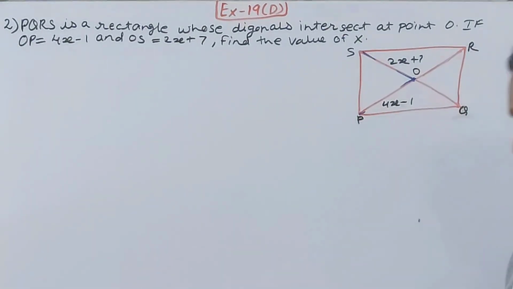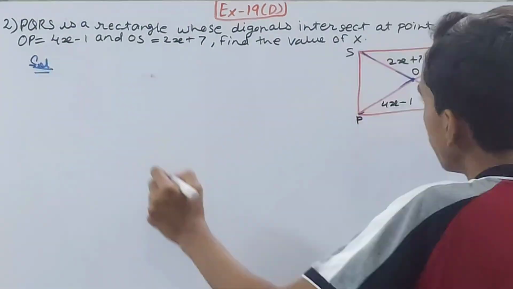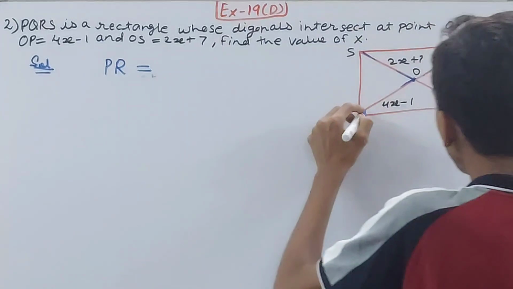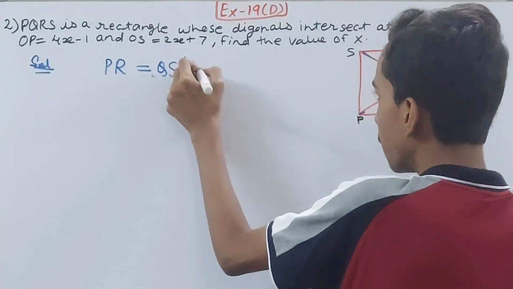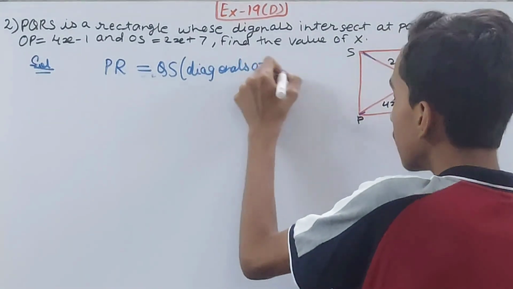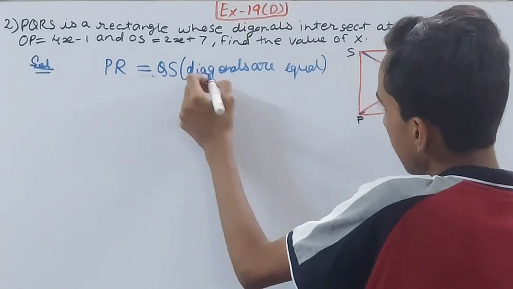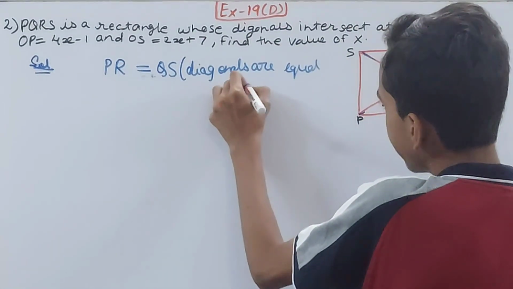So let's write it down like this. We'll begin the solution. First of all, you write: PR, one diagonal, is equal to QS. What property? Diagonals are equal. Diagonals are equal and they bisect each other.